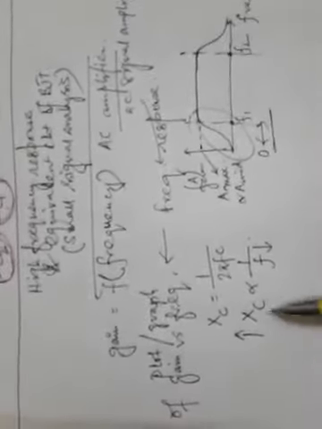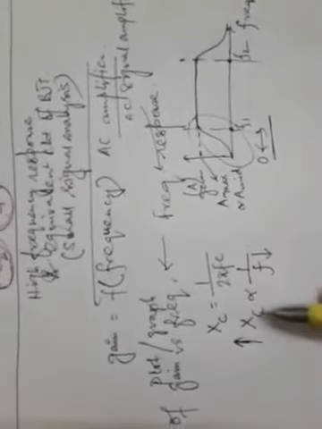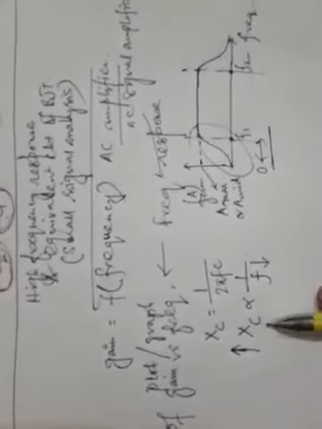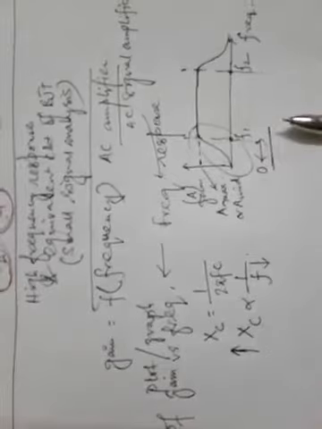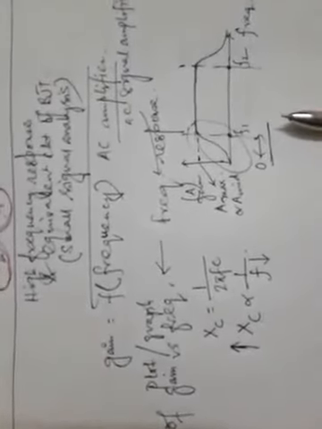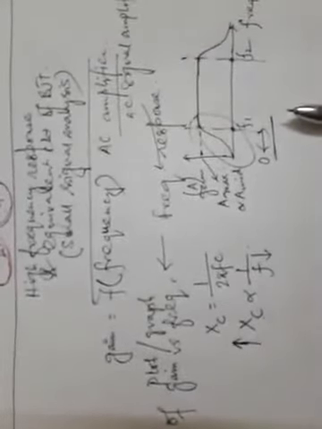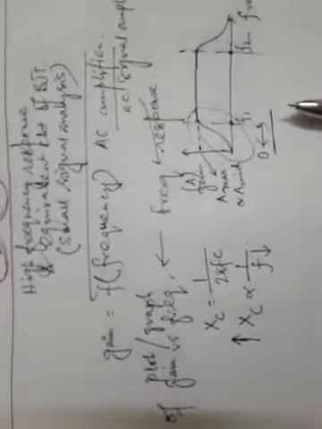Here, due to this inverse action of capacitive reactance with frequency, in this region at low frequency from 0 to f1, the capacitors will be acting as open circuits. So they will no longer act like short circuits.